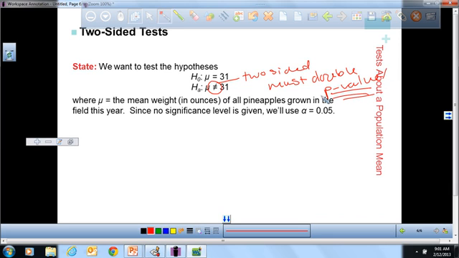Lots of you forgot to double your p-value in the last section. So remember, if it's two-sided, your p-value you must double it. And they go on to say, state what the mean is equal to, and then they're ready to go on to the plan portion.